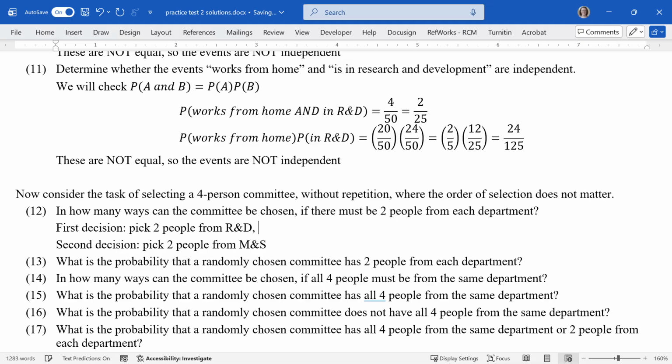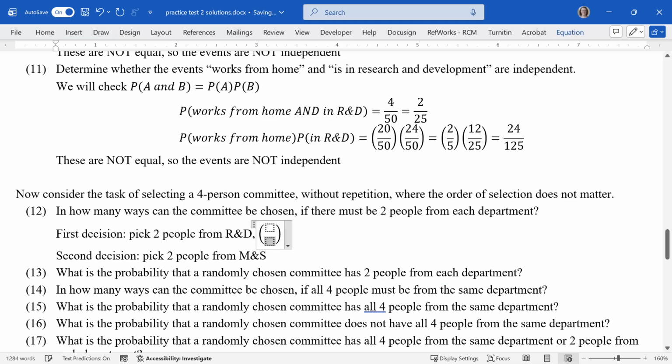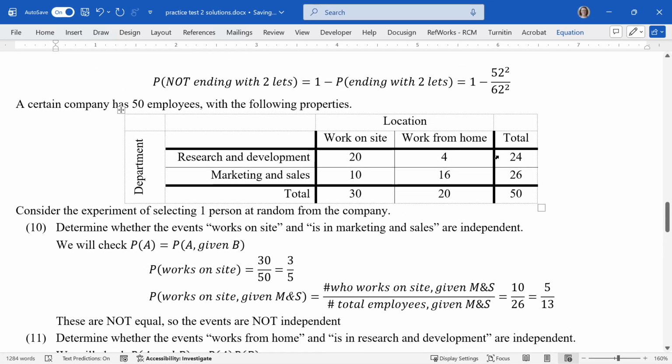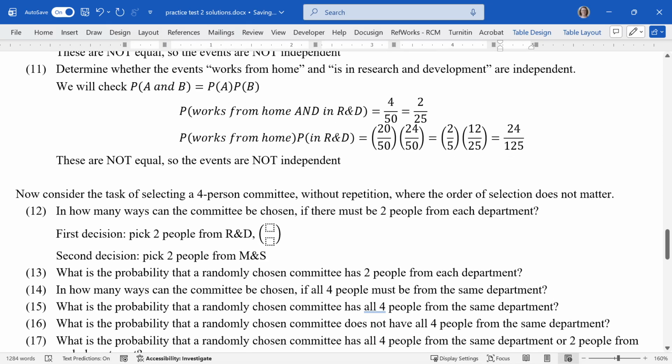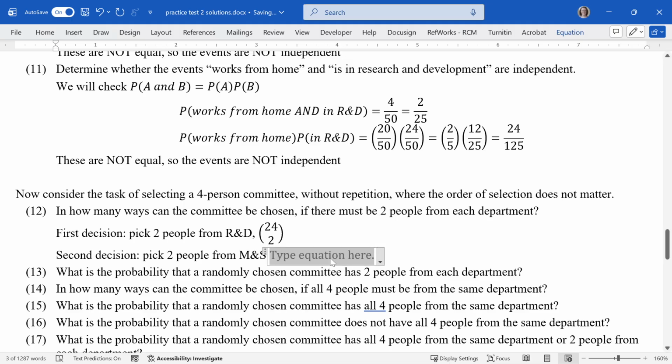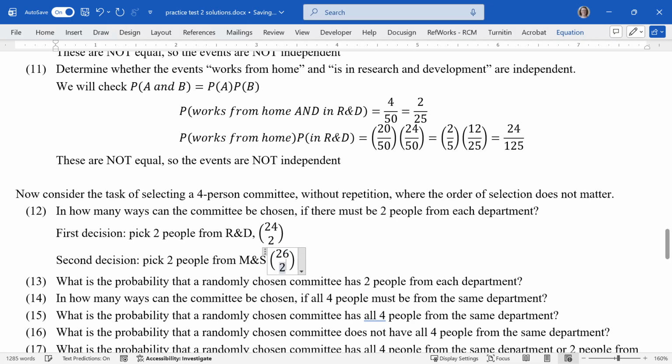So from R&D, put the big number on top, little number on the bottom. We have 24 people in R&D, and we want 2 of them. So 24 choose 2. This notation stands for the answer to the question of how many ways are there to select 2 people in no particular order from 24 people. And this one is going to be 26 choose 2.